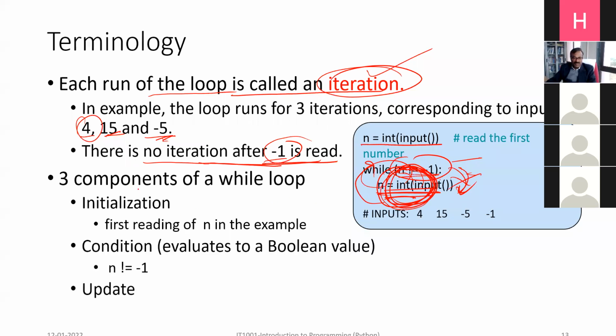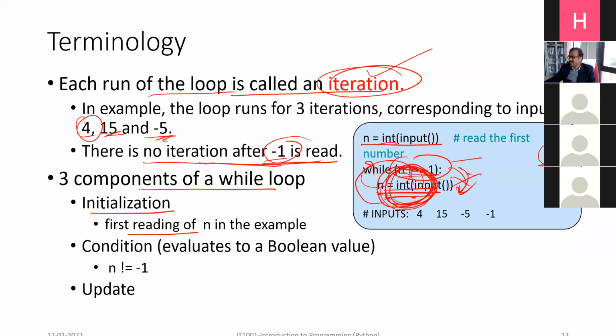There are 3 components of a while loop. One is initialization, where we put something like i equal to 1, because this is the loop variable, and typically a loop variable is going to get updated inside the loop so that it will eventually ensure that the loop terminates.